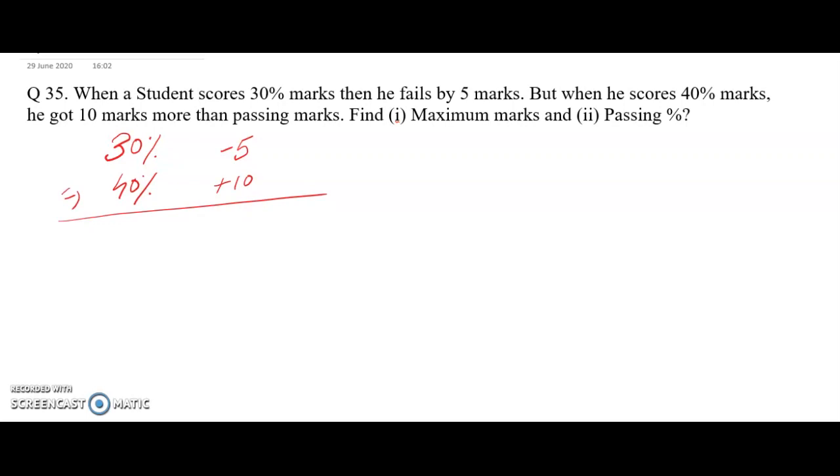So if we subtract, 10% gives us minus 15. We can change this to positive. Now 10% is representing 15 marks. So 1% will represent how much? 15 by 10, or we can say 1.5.